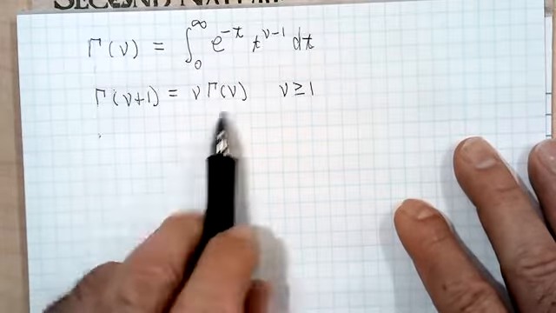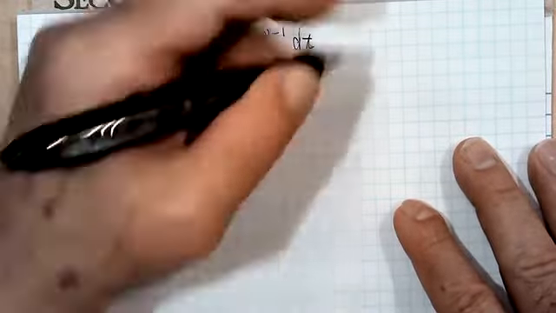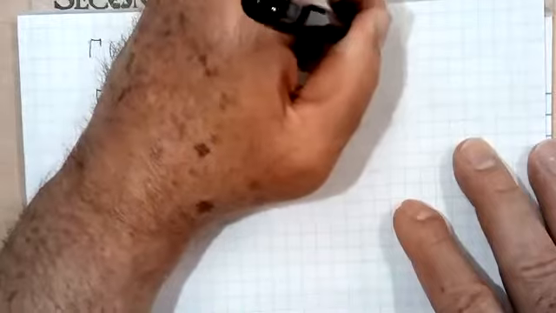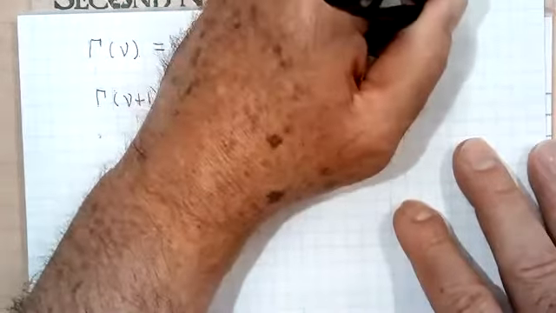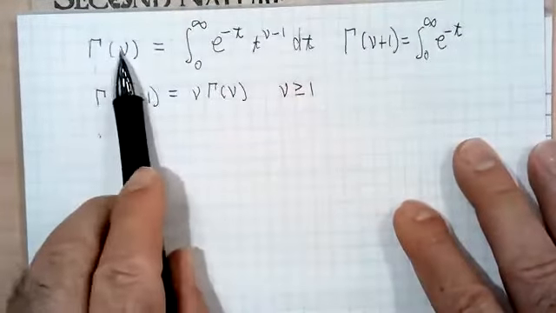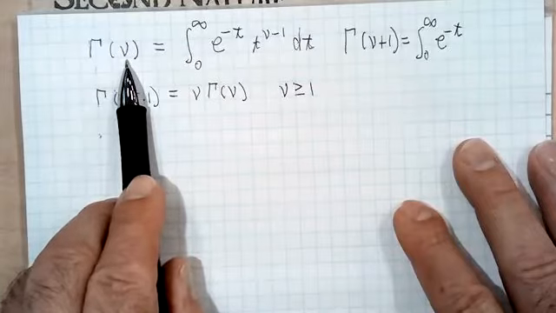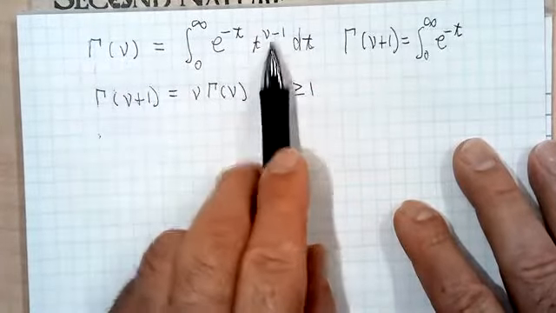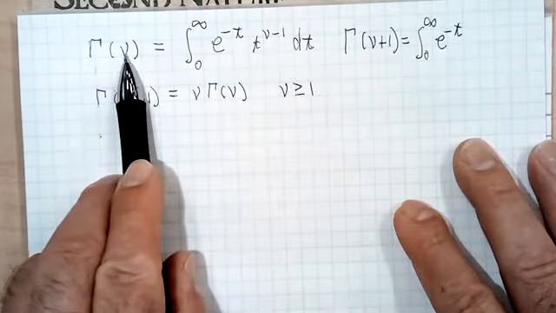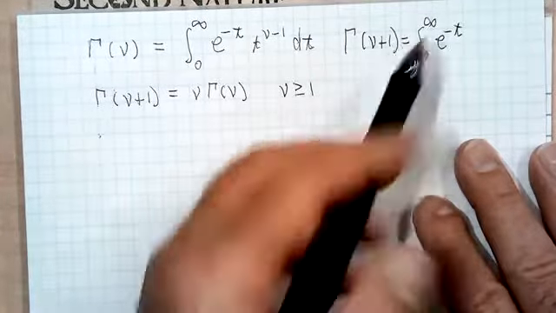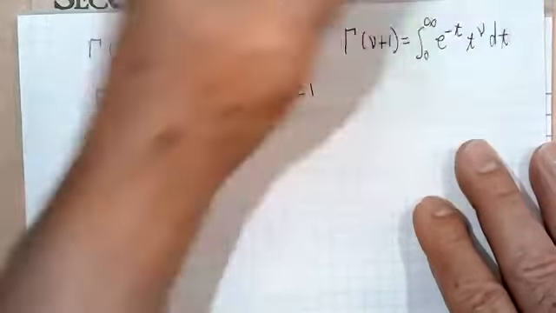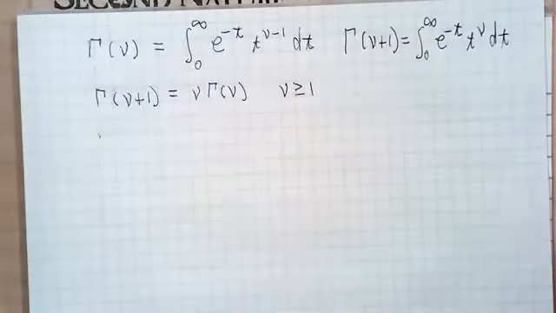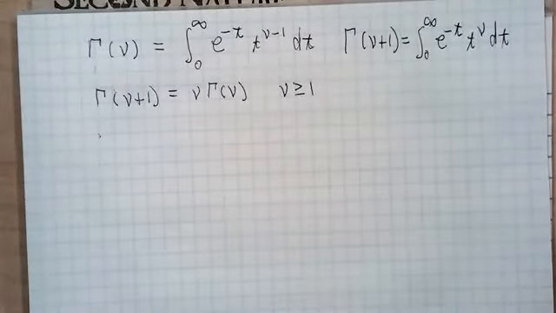Or sometimes you'll see this formula written as gamma of nu plus 1. And it doesn't matter. It's just that you get the exponent here by taking that number and subtracting 1. So if you have nu plus 1 here, then you'd have t to the nu here. And you'll actually see it both ways. They're equivalent, but just be aware.